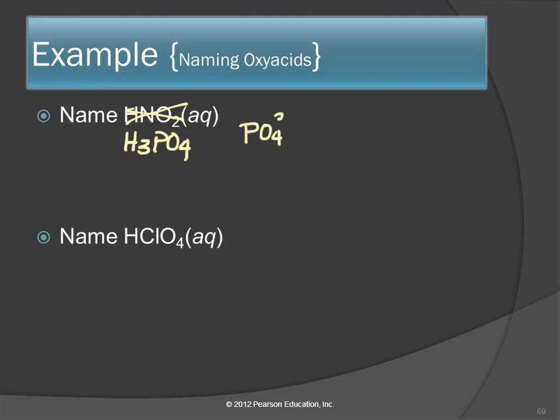PO4 3-, and the name of that, what's a good guess? Phos something, right? That's phosphate. So we're going to change the -ate to -ic. This is phosphoric acid.